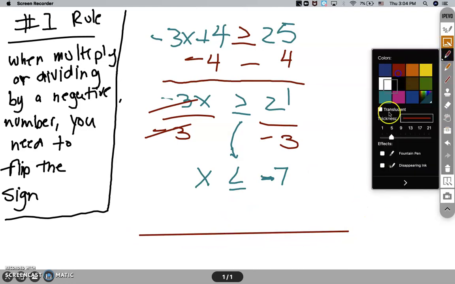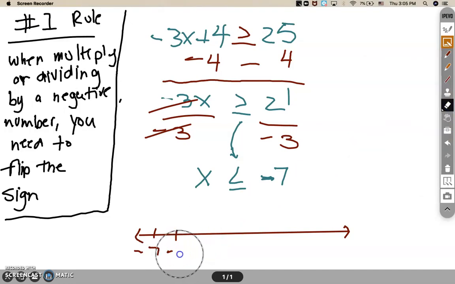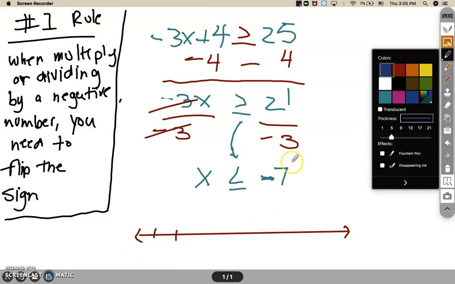Then let's get out the red marker and put the arrowheads. Let's label this -9, -8, -7, -6, -5, -4, -3.